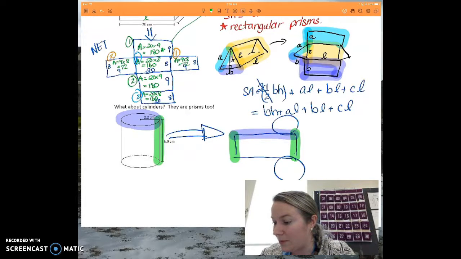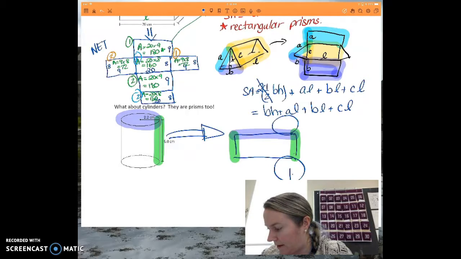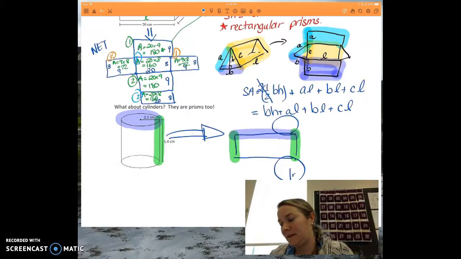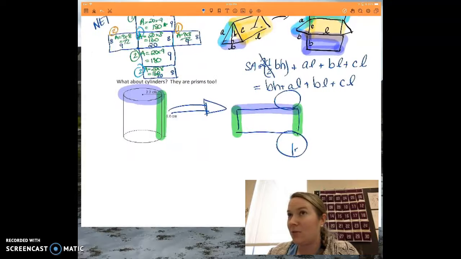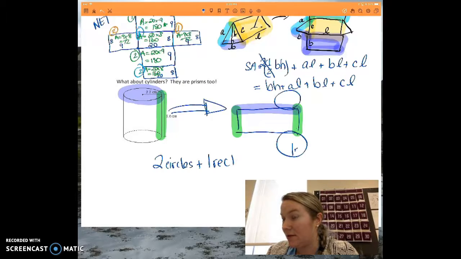The only thing we're missing is the radius. So that is the net of the cylinder. And what we have is two circles plus one rectangle for surface area.